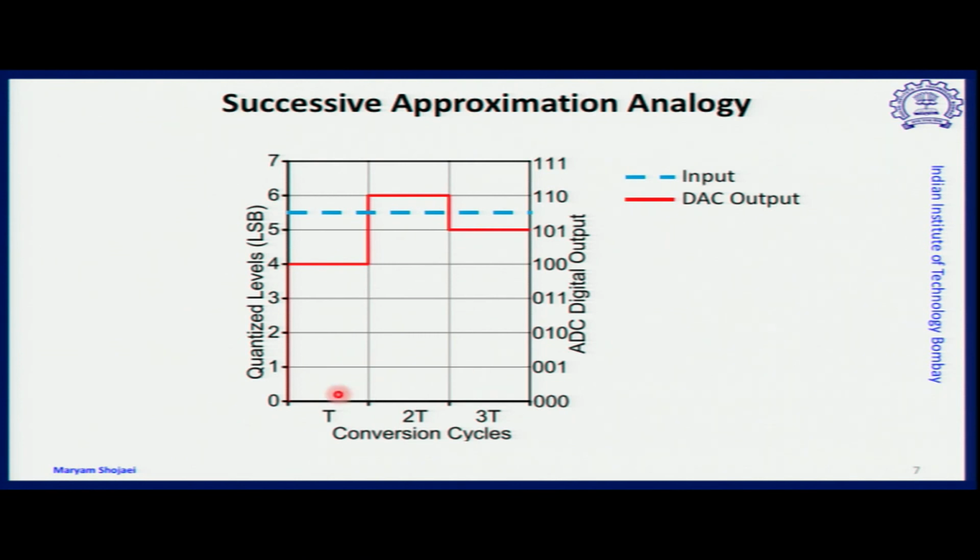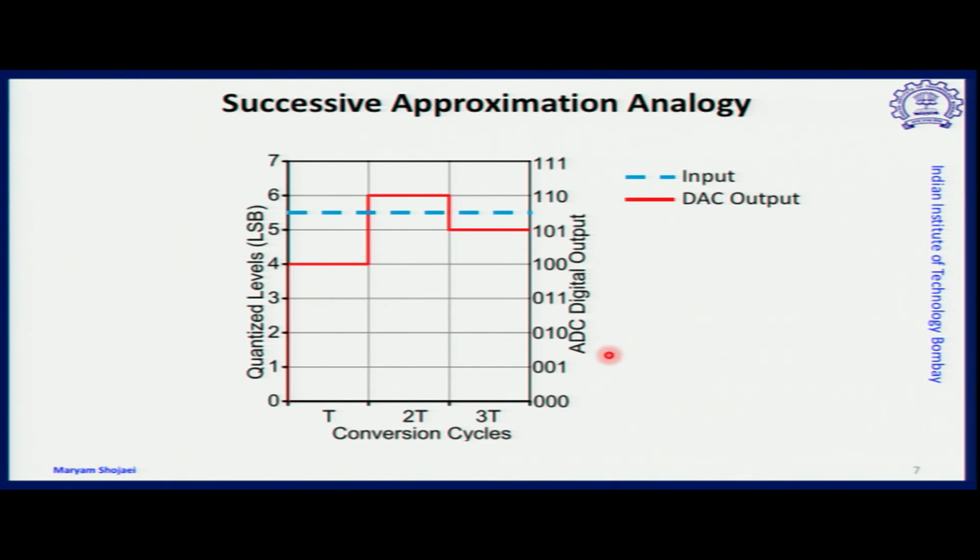Here on the left side, you see quantized levels in units of LSB, and on the right side, you see the digital output of the ADC. Every SAR ADC has a DAC output because it has a loop in which, cycle by cycle, the output of the DAC moves to a quantized level which becomes closer and closer to the input level.